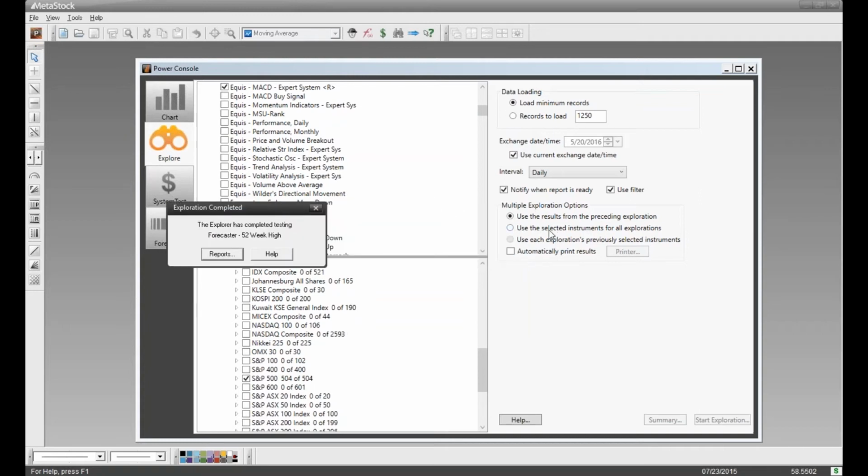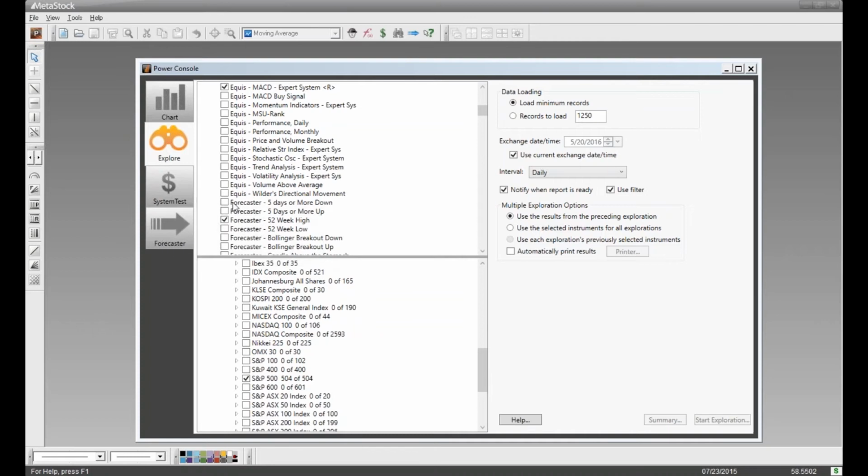On this right side, if you have this button selected, use selected instruments for all explorations, it means you're going to run two completely separate explorations for all 504 instruments. The one I selected is setting up that drip system. Now, the order from top to bottom is the order in which the explorations will run, if you have this button selected like we just did.